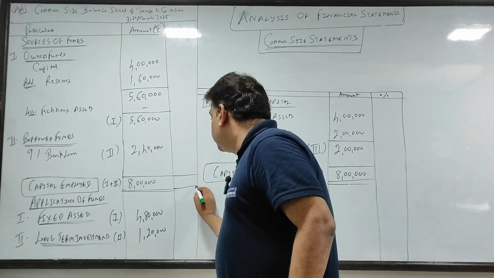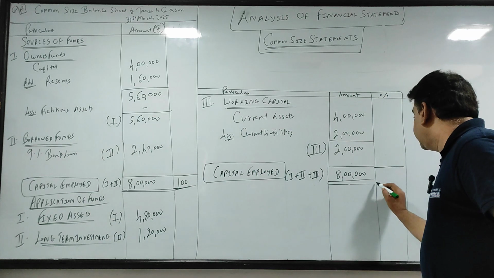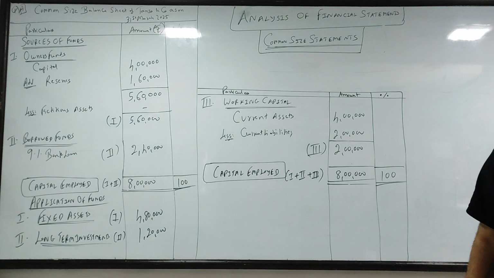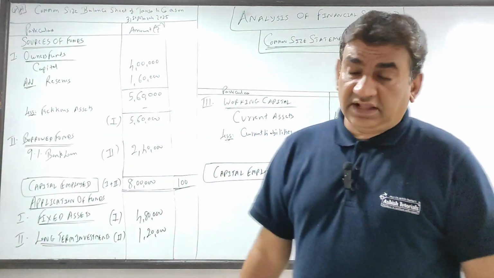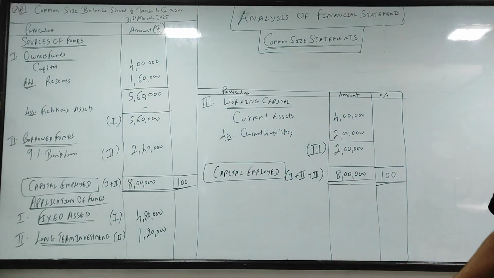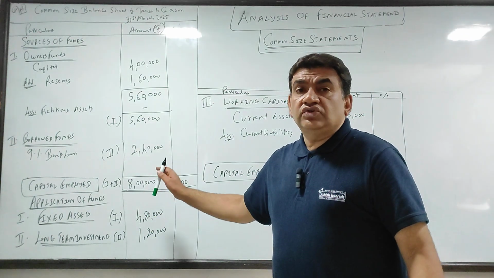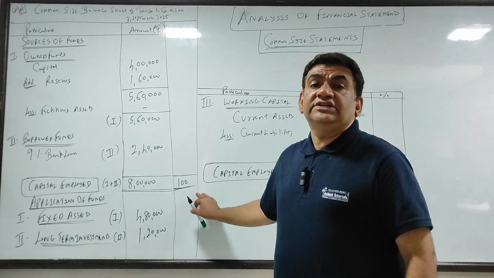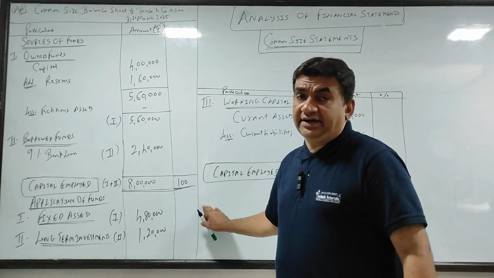So this we will take it as 100. This we will take it as 100. So balance sheet ka total will be 100. This is percentage, na? This is the base, so the amount considered is 8 lakhs, that is full amount. So always it will be 100. So against balance sheet total, you write there 100.